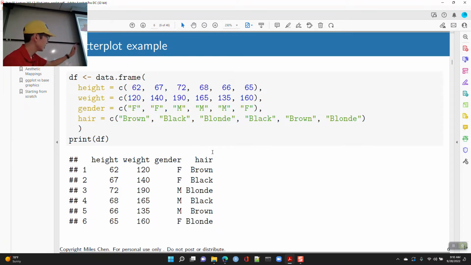Our smallest number is 62, and our biggest number is 72, so I'm going to start off at say 60. Then vertically our smallest number is 120, going up to 190.